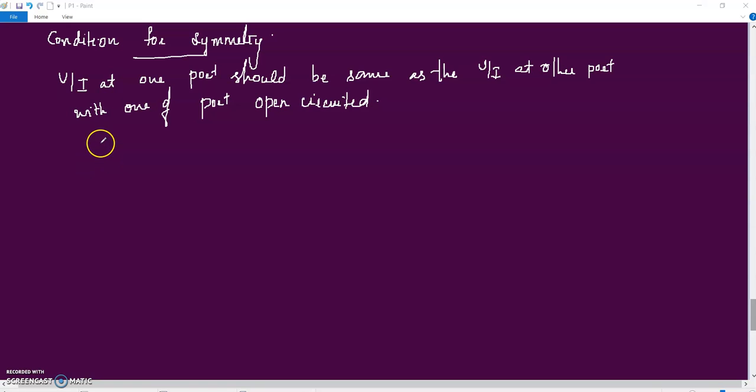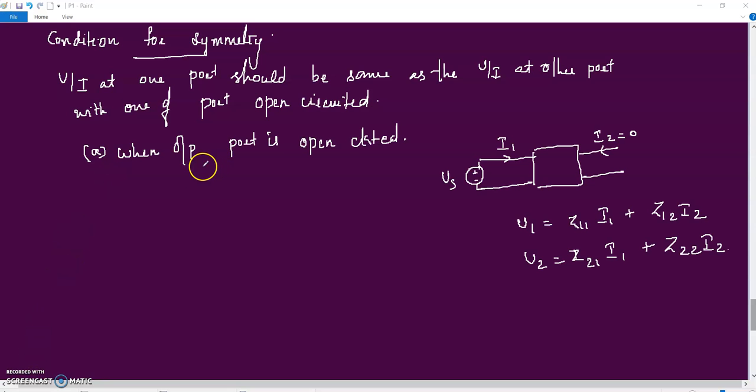So here we can verify the two conditions. First of all, let us consider the circuit when the output port is open circuited. Case 1, when the output port is open circuited, we can draw the circuit like this. This is the input given, this is the input current, and the output current is 0.